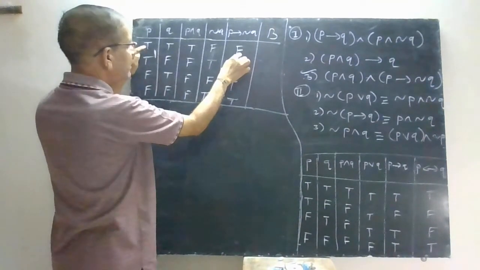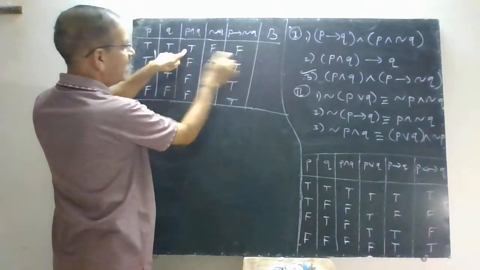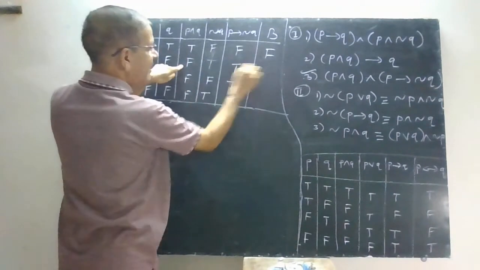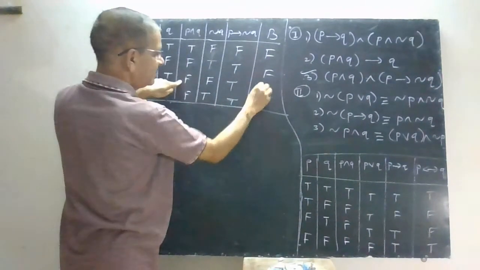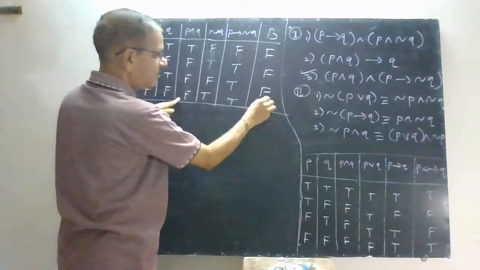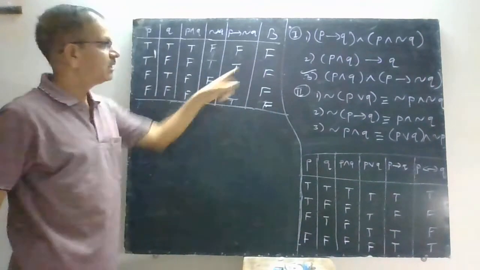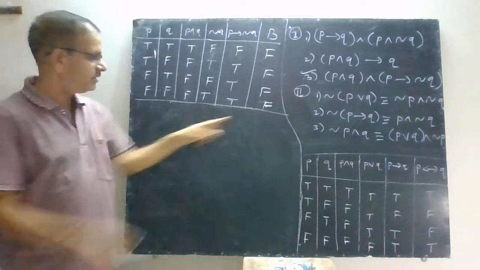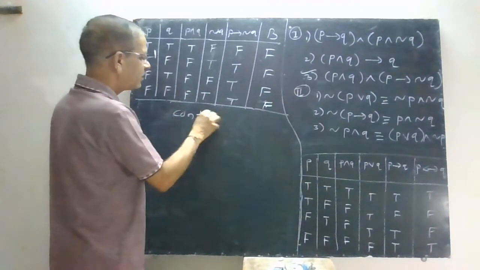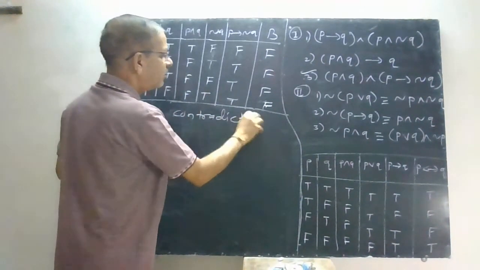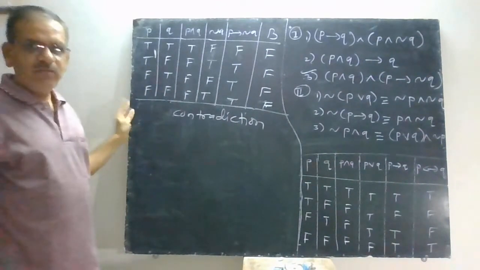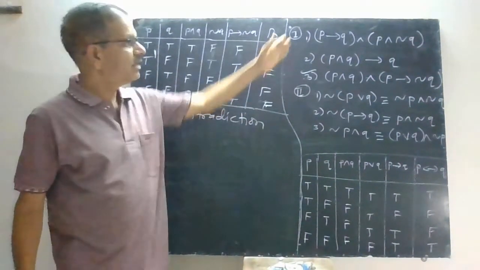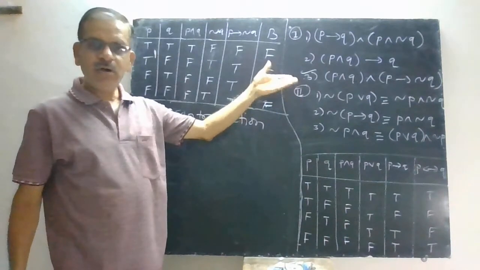This T and F is F, F and T is F, F and T is F, and F and T is F. Now you can observe all the values in the last column are false. That's why this is a contradiction.